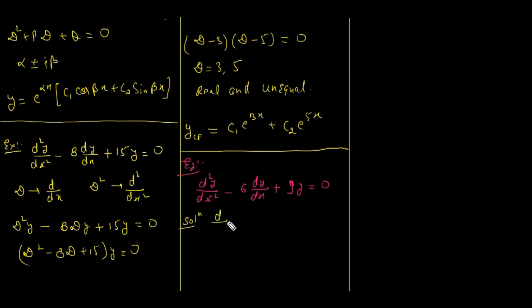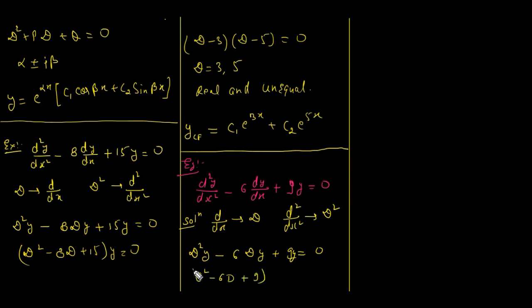Again, d by dx we will replace by D, and d2 by dx square we will replace by D square. It means this equation becomes D square y minus 6 Dy plus 9y is equal to 0. So D square minus 6D plus 9 into y is equal to 0.